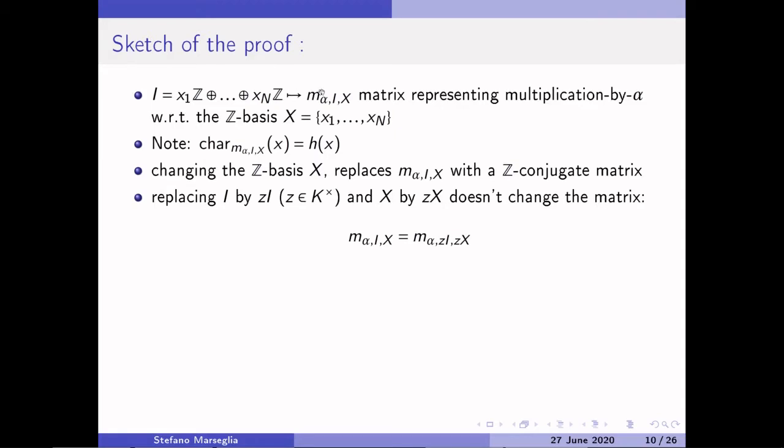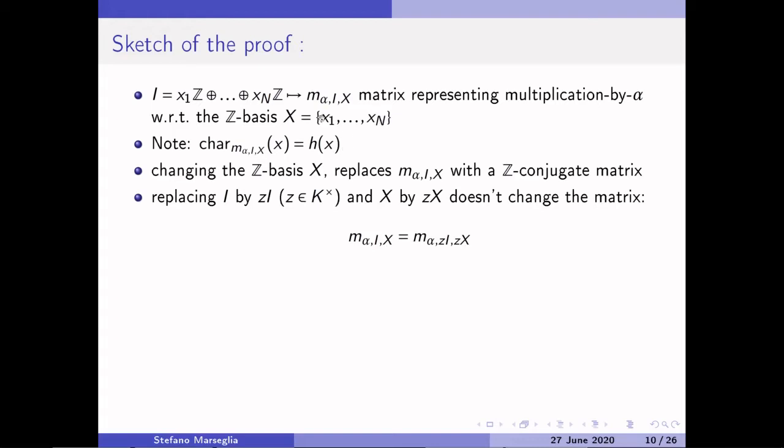So when I represent the matrix of multiplication by alpha with respect to this Z basis, I will get a matrix with integer coefficients, which I will denote M_alpha,X. This depends on the Z basis x1 to xn. And by construction, it's easy to verify that this matrix has the right characteristic polynomial, precisely H.